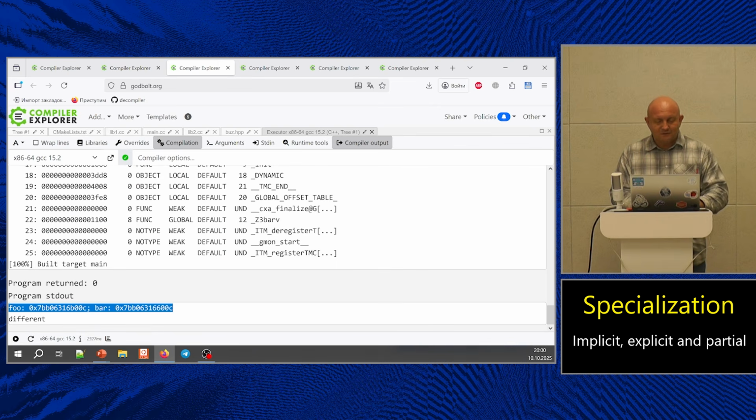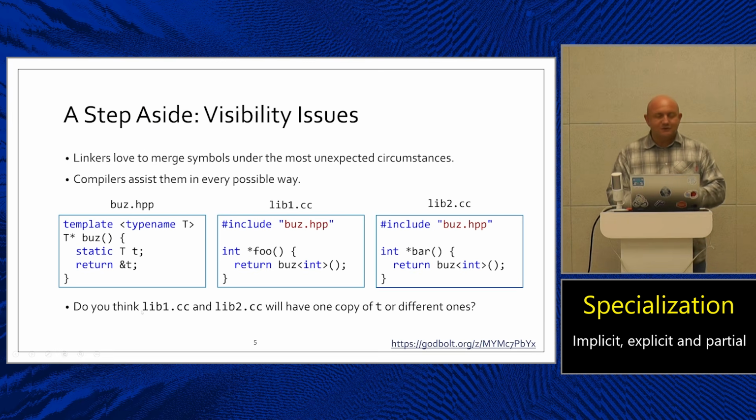You may look here and convince yourself they are different. And this was always pure magic for me. How template instantiation really works, what it really means to instantiate a template, how linkers love to merge symbols, how compilers assist them in every possible way.